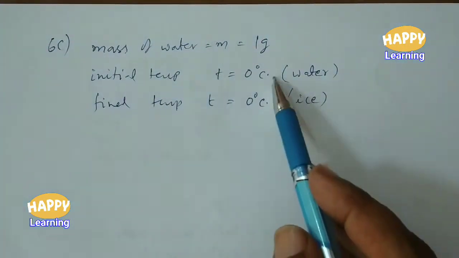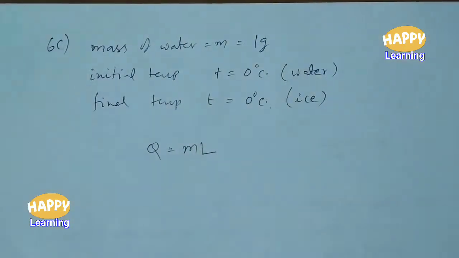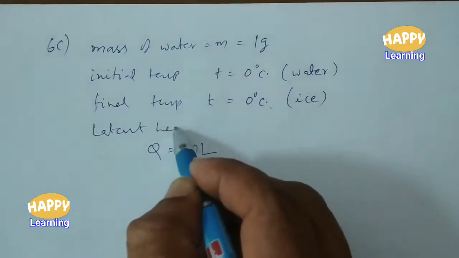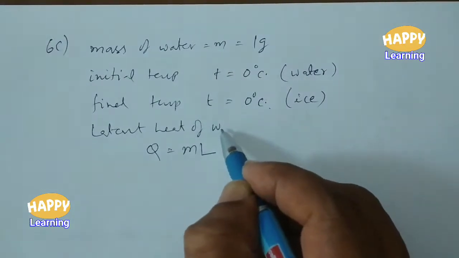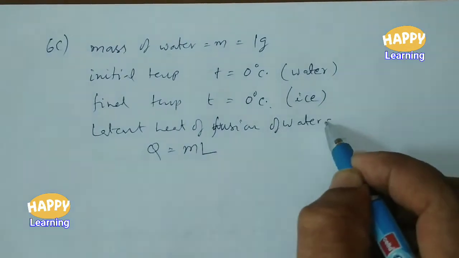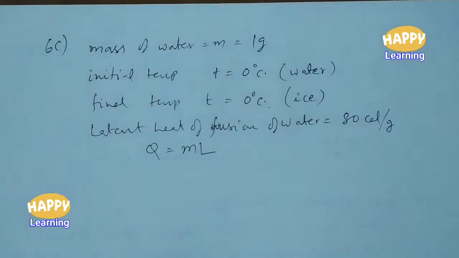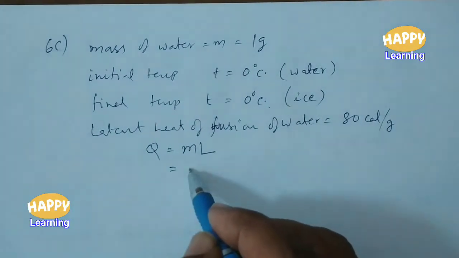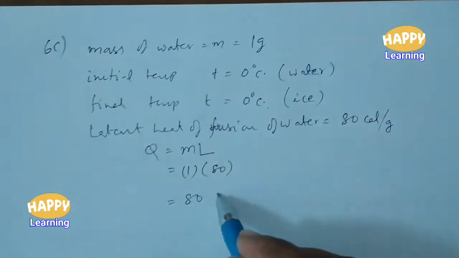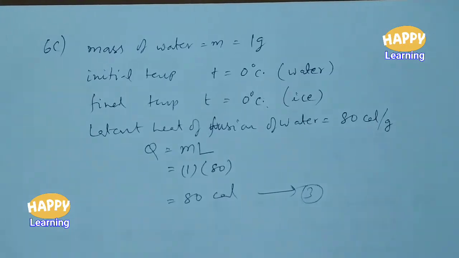As the temperature is constant, you need to use the formula Q equal to m l, where L is latent heat of fusion of water, whose value is 80 calorie per gram. So on substituting the values, m value 1, L value 80, you get 80 calories. So this is the answer.